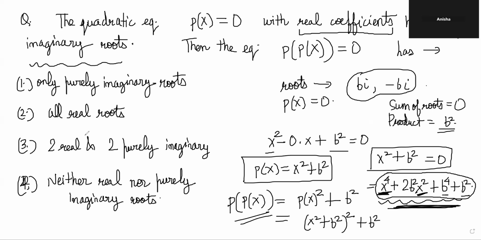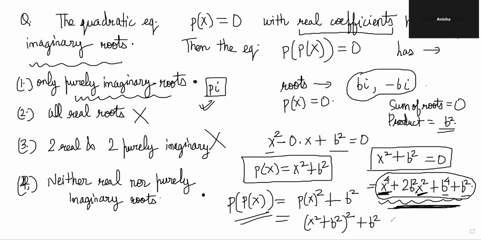So this option is gone, this option is gone. So the only thing we have to decide is between this option and this option. So now we should check whether a purely imaginary number can be a root of this or not.